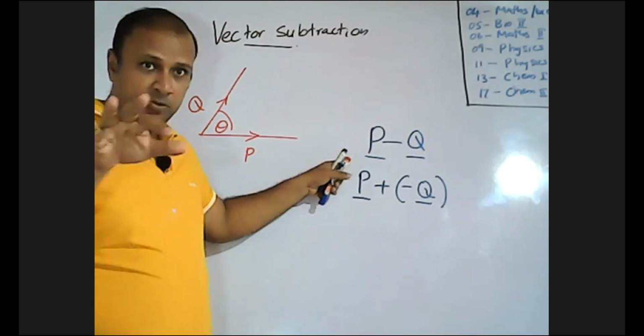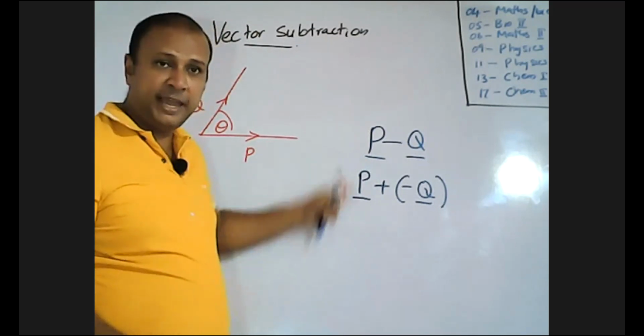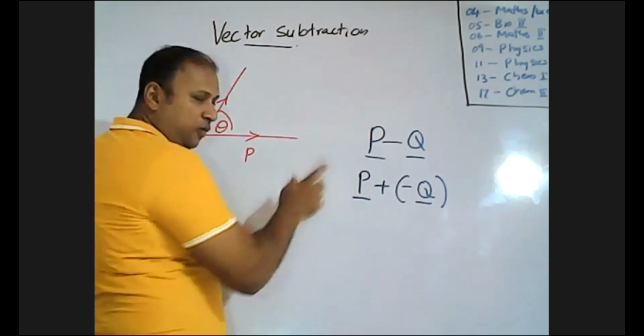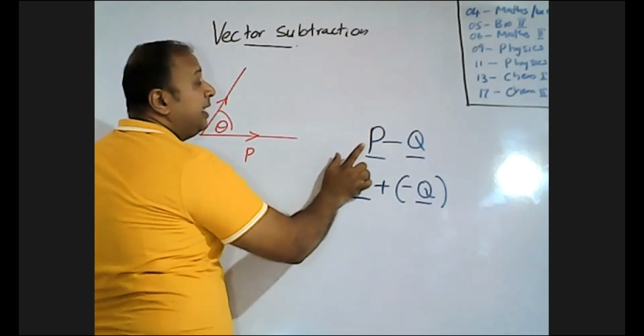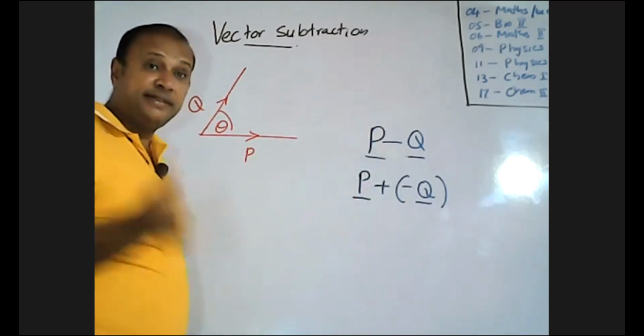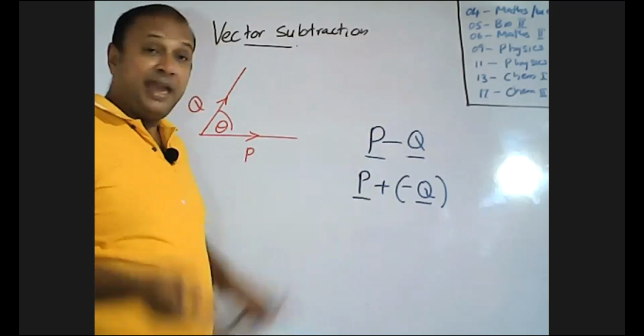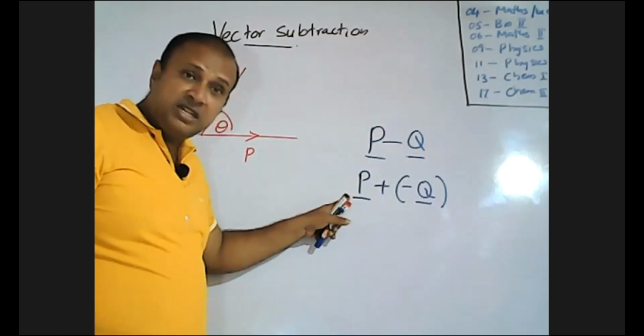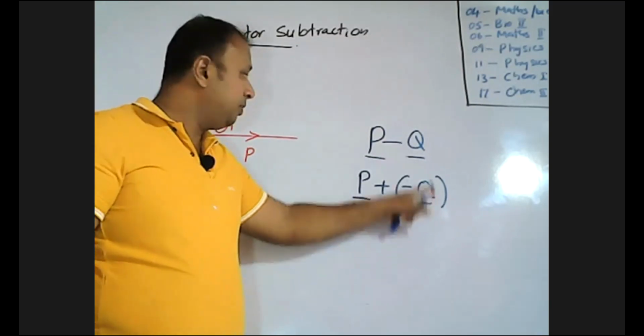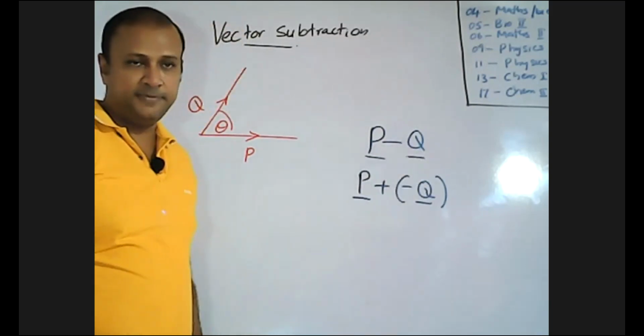So look at the logic again. If we are given two vectors to subtract, then subtraction can be written as an addition between a vector and the negative vector of the other vector.